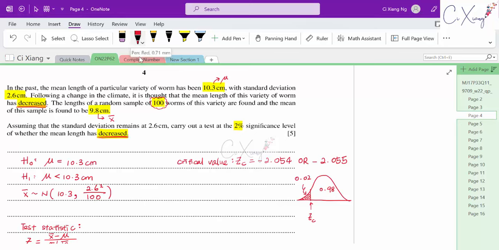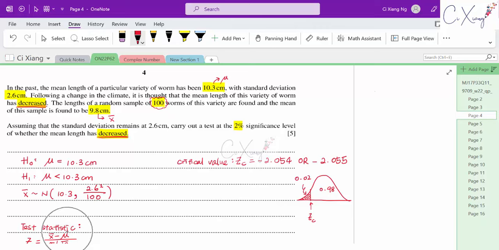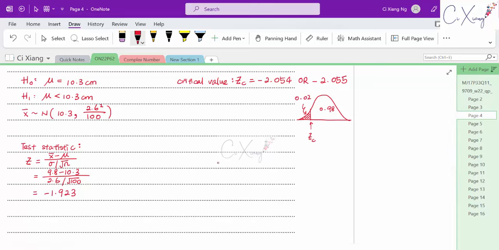Alright, and next step, we want to make a decision for our test. Should we reject or accept the null hypothesis? Basically, we compare the test statistic and the critical value. Before I decide, I realize that the test statistic, which is negative 1.923, is actually greater than the critical value, which is negative 2.054.